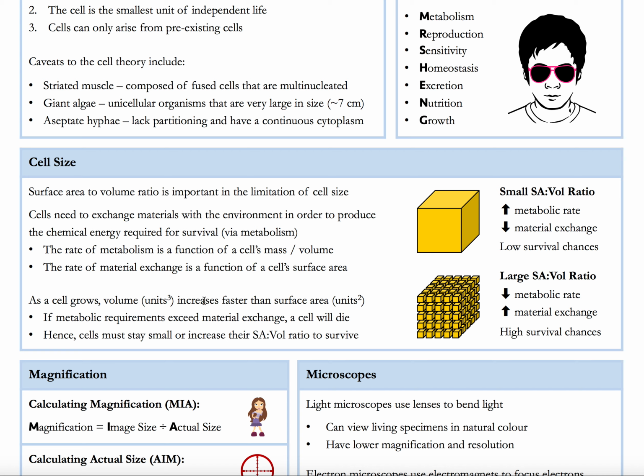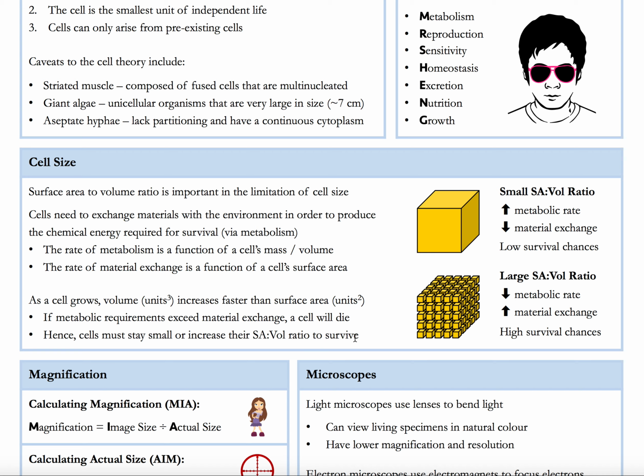When the metabolic requirements are too much, the cell will die. It may overheat. Besides overheating, there will be too much waste inside. So cells have to stay small or increase the surface area to volume ratio to survive.